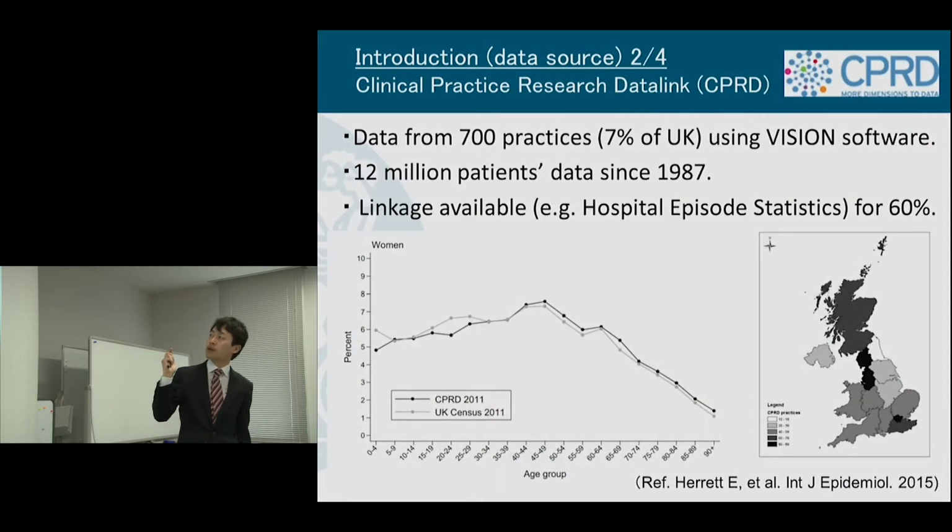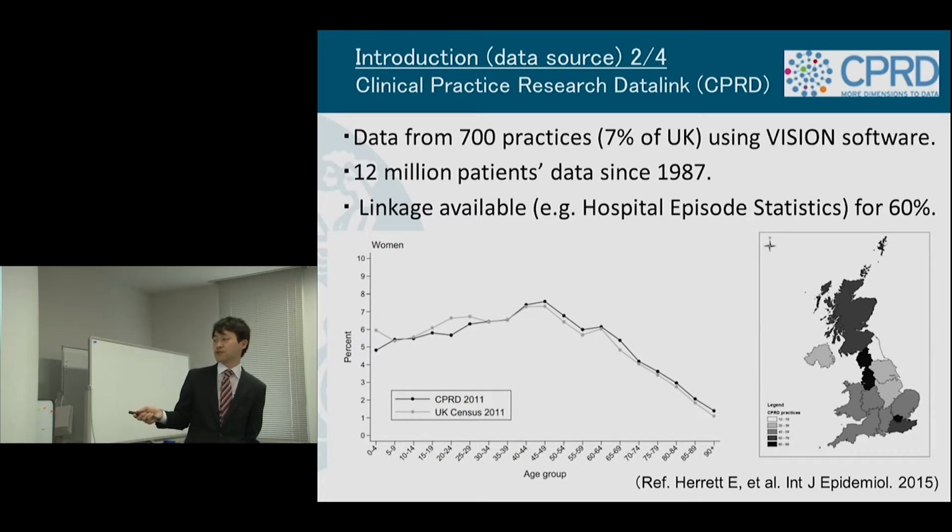Okay, so Clinical Practice Research Data Link, or CPRD, is one of the several databases in the UK. And CPRD includes data from 700 general practices using the same software provider system, and representing 7% of the UK population in terms of age and sex. This is the example of women.